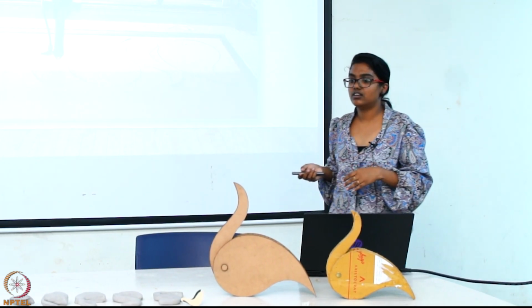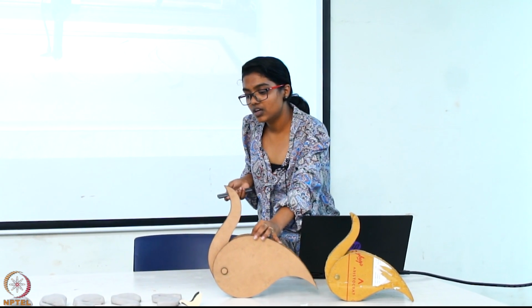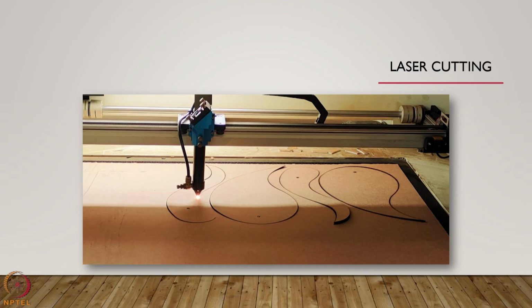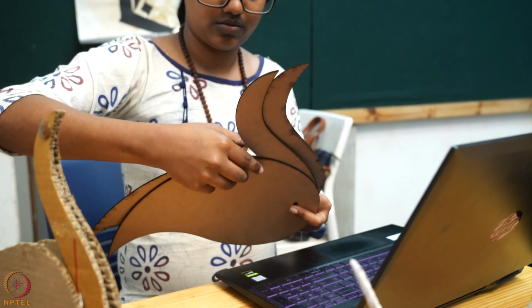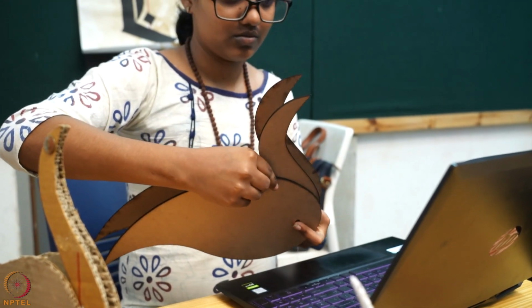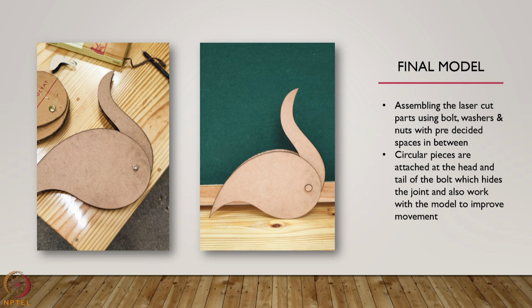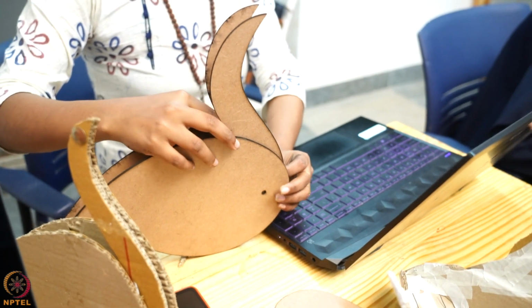We had these 3 mm hard cardboards, and we did laser cutting and got these pieces separately. After that, we assembled the laser cut parts using ball washers and nuts with a pre-decided space in between them.